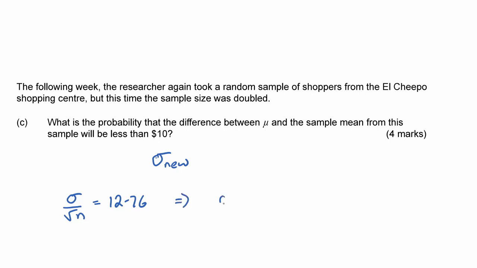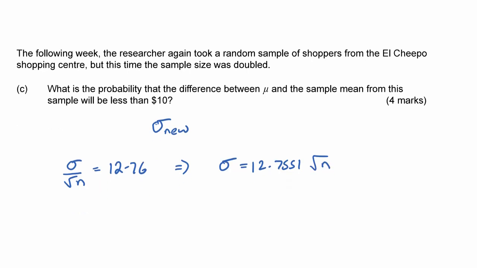And that means that sigma is equal to 12.7551, which is 12.76, a few more decimal places there, or root n. Now, the sigma nu that I was talking about, which is for this situation up here, that's going to be equal to the previous, but now we've got a new amount.